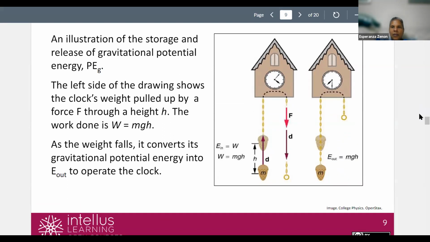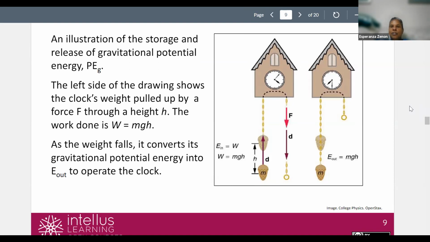There we go. Okay. So they're showing you here an example of a clock. So this clock is like a grandfather clock that has a bob hanging on a chain of some sort. And so if you exert a force on the chain, so you see on that chain there's a little circular ring at the bottom.